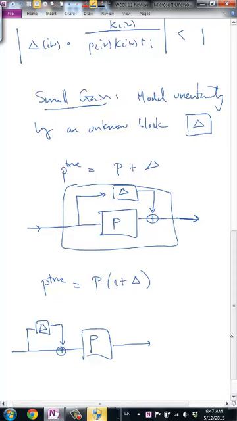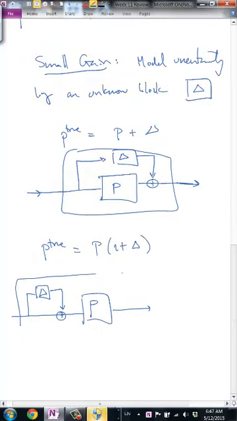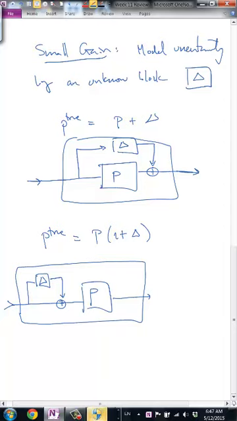Now why does this work? Note that what is the transfer function from input to output? Well, we have two things in series. This part is 1 plus delta, and then it's in series with P, so it's multiplying by it. And so indeed we have P times 1 plus delta.